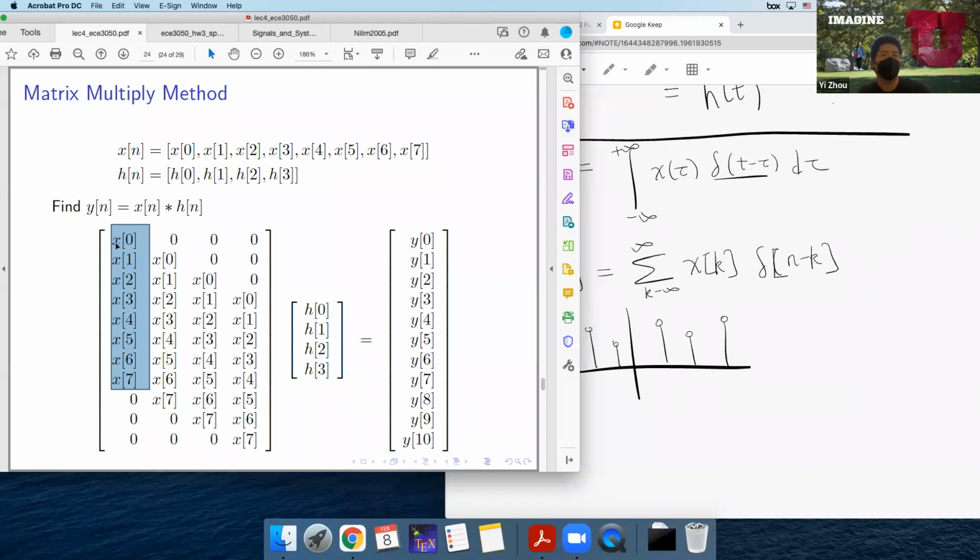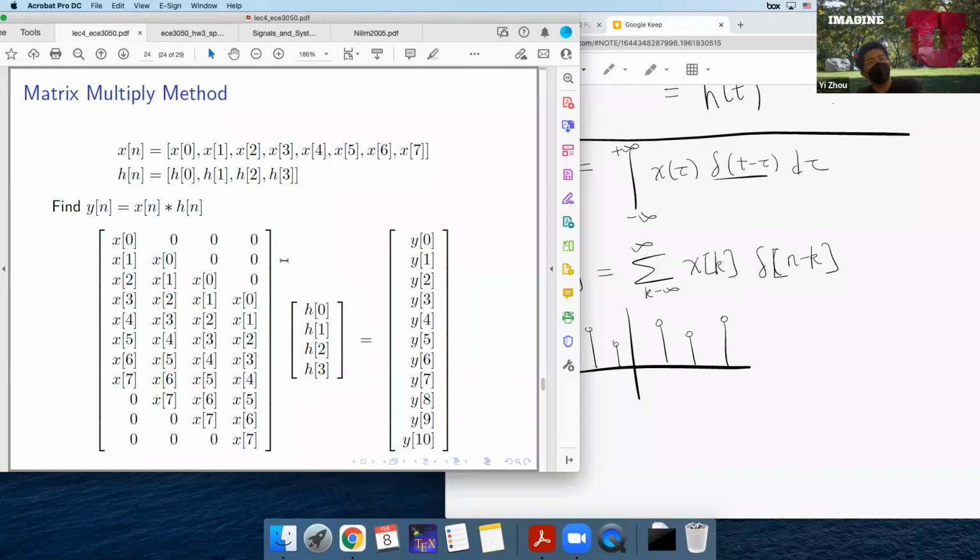Then you can have a compatible matrix vector multiplication. So basically, the dimension of H determines how many shifts you need to do for this X signal in the columns. Because we have 4 elements in the H, we're going to generate 4 X signals, and they are shifted one by one downwards.